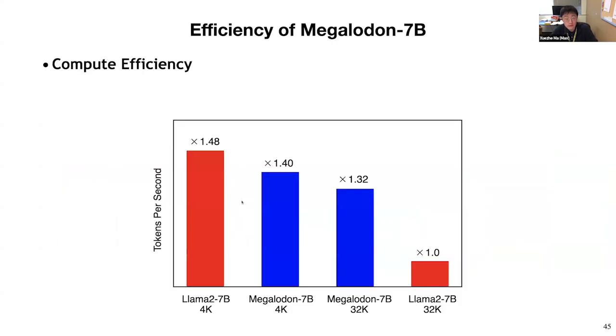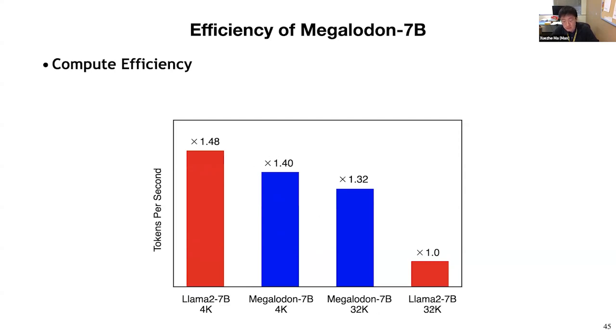And we also compare the speed or efficiency of pre-training with the transformer architecture. If we use 4,000 as the context length, then Megalodon is slightly slower than the transformer. This is because under 4,000 context length, the attention is not the bottleneck, and for Megalodon we need to compute EMA and timestamp normalization, so it is slightly slower.